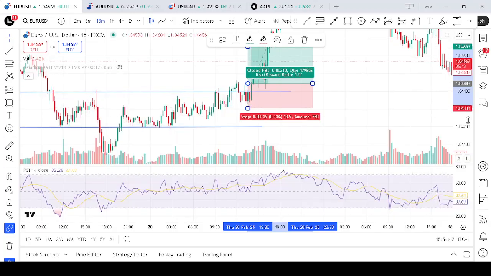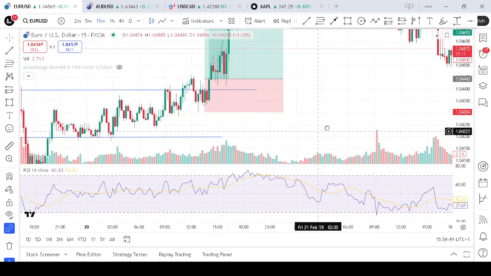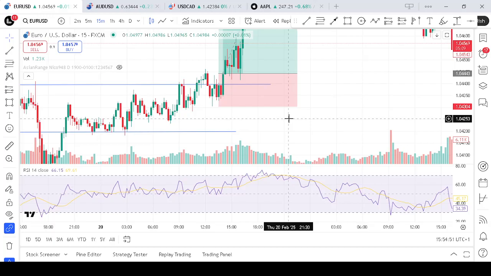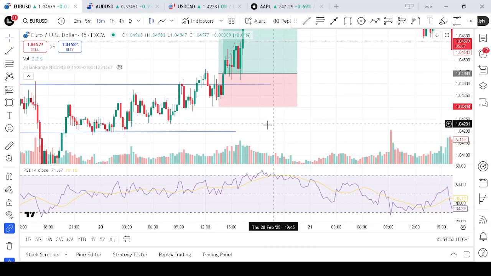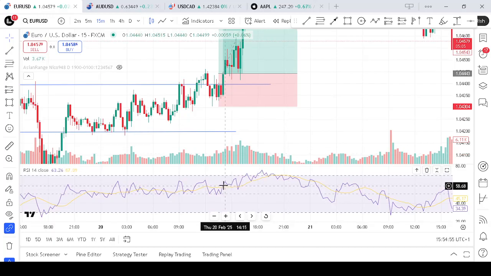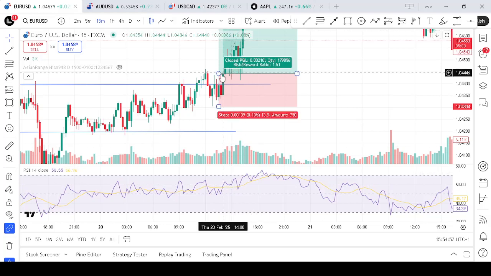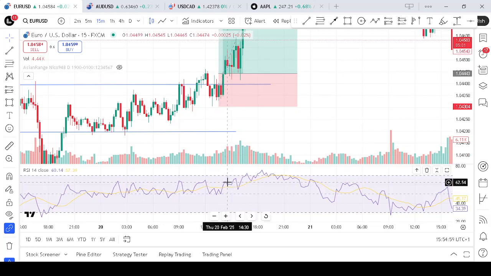As you can see, once the RSI is above 60, this reading indicates strong buying pressure. Looking at this area that we bought from, the RSI was above 60, which shows that there is a strong bullish momentum at this area.